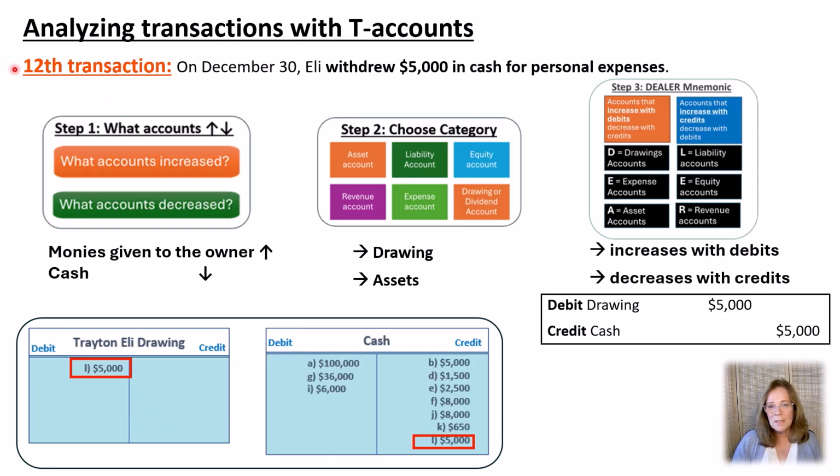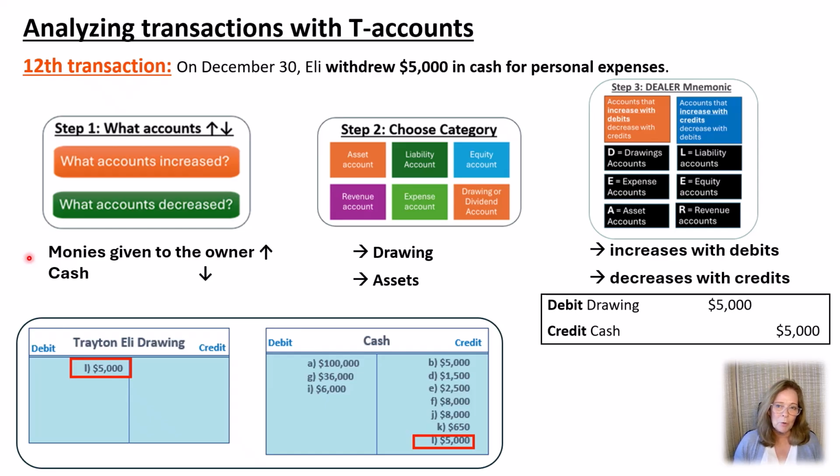In the 12th transaction, Trade and Eli withdrew $5,000 in cash for personal expenses. Withdrawals are funds taken from the business by the owner for personal use. These payments are not associated with the business, but rather a return of the investment that Trade and Eli made into the business.